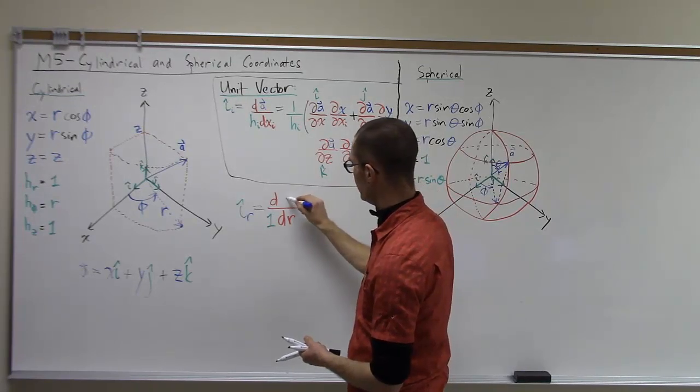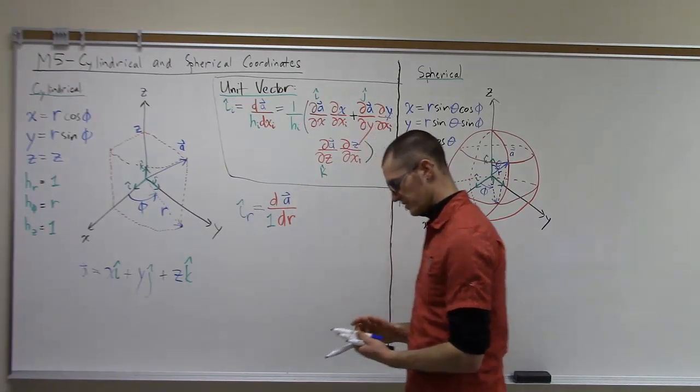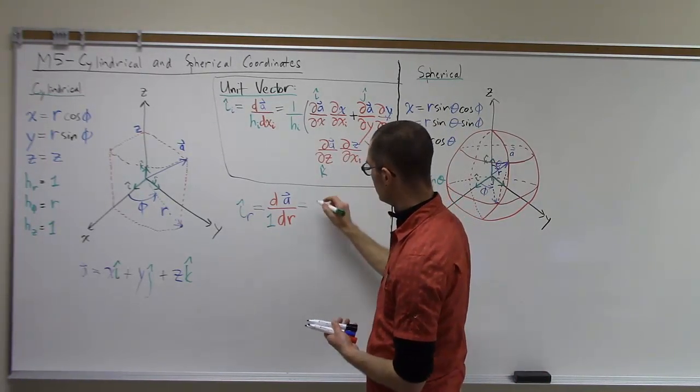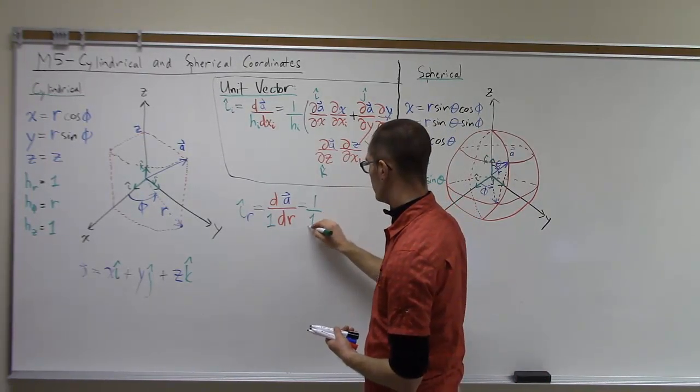So I'm taking the derivative of A with respect to r. And that means I'm going to put 1 over 1 out front here.